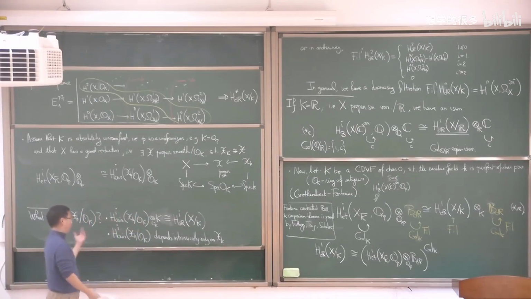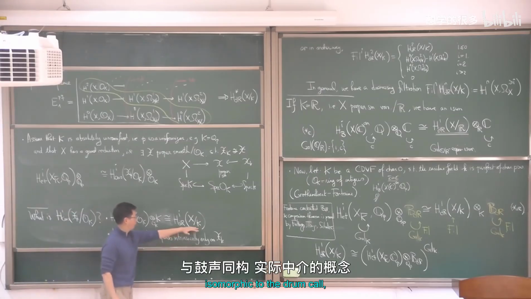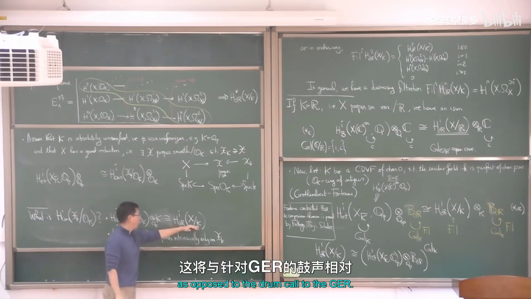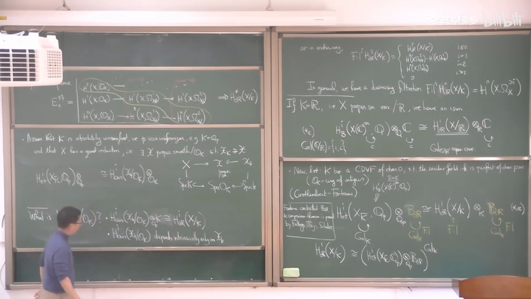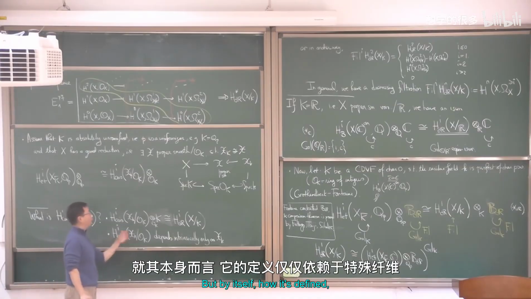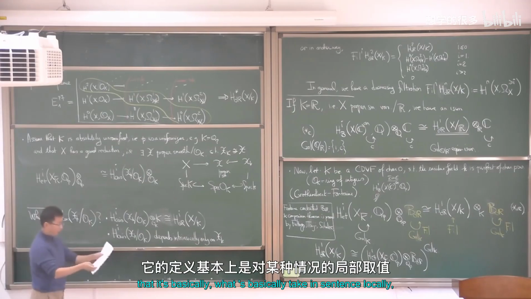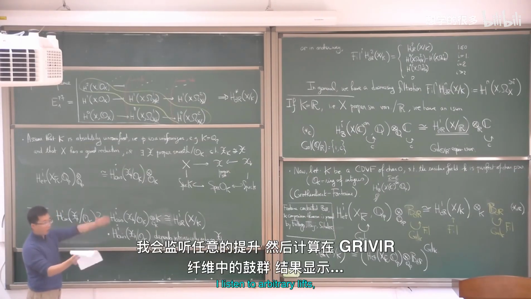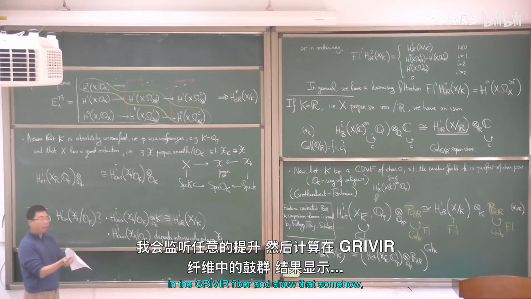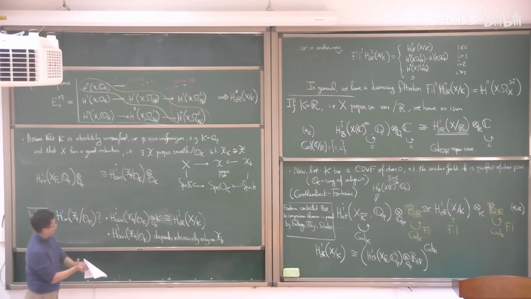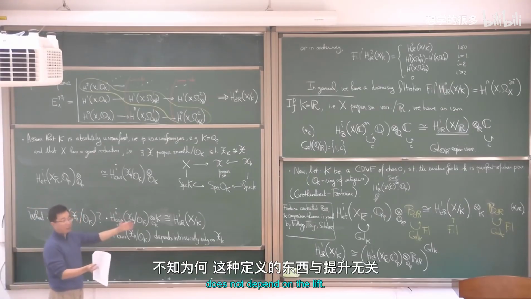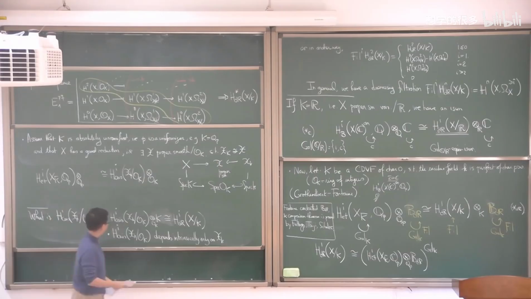But whenever you have the lift, it will be isomorphic to the de Rham cohomology after inverting p. But by itself, how it's defined, it only depends on the special fiber. The way it's defined is that you basically pick, at least locally, some arbitrary lifts, and then compute the de Rham cohomology in the generic fiber, and show that such a defined thing does not depend on the lift.